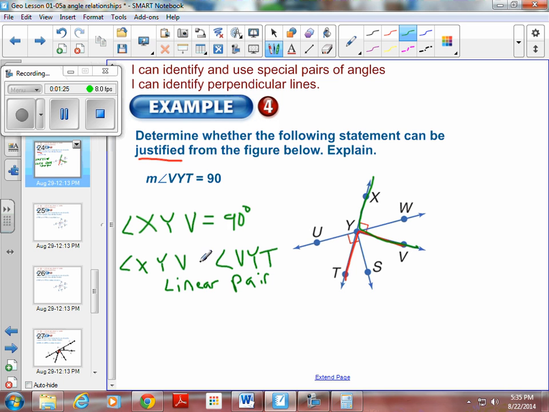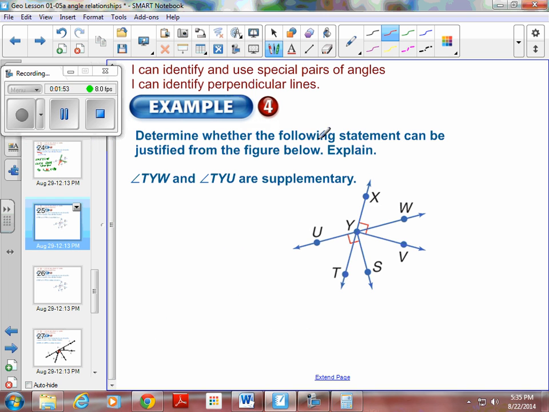And if they're a linear pair, that means that they have to make a line or make 180 degrees. So if one of them is 90 degrees, the other one, 90 plus what equals 180? Well, the other one has to be another 90. So we have justified it, we've explained it. It does have to be 90 degrees. So yes, this also is a 90 degree angle right there.